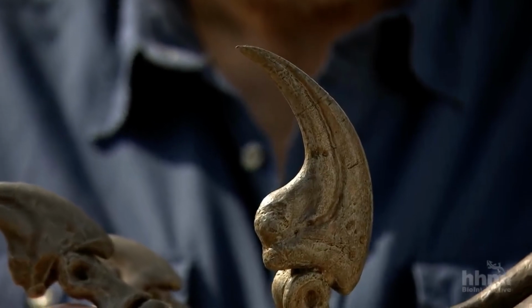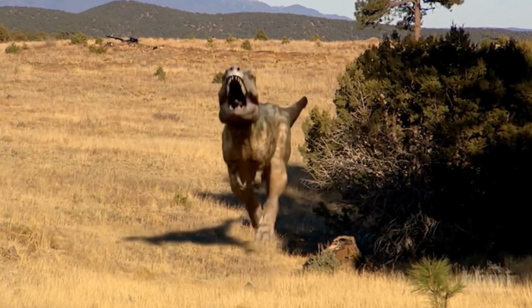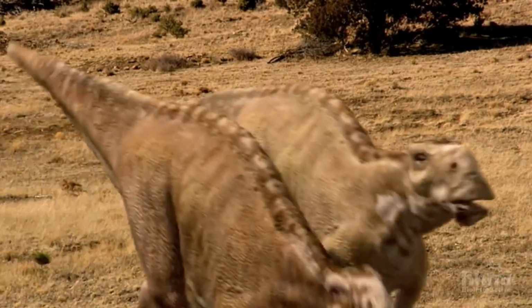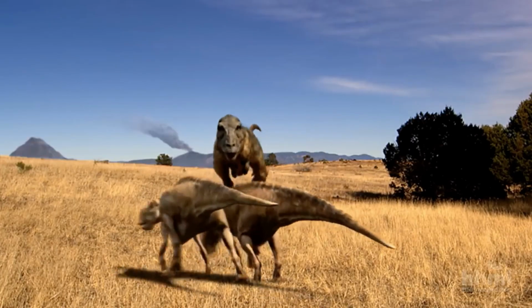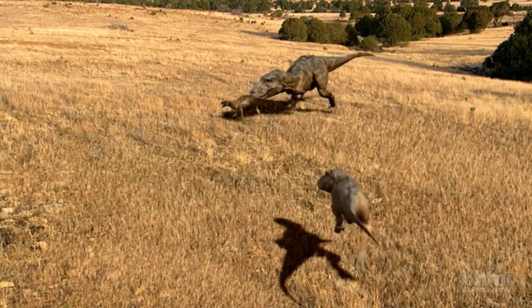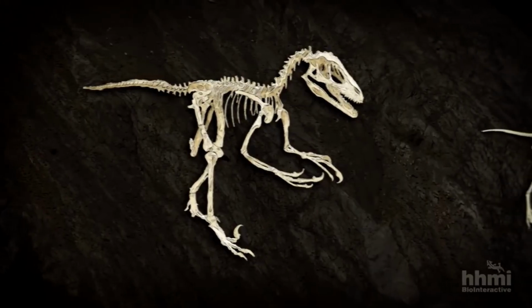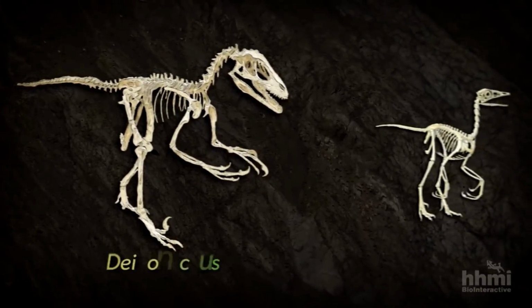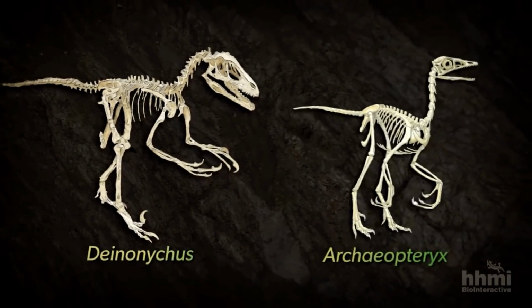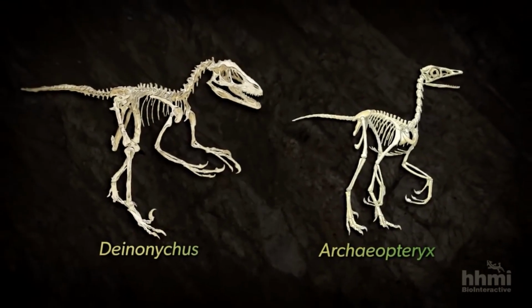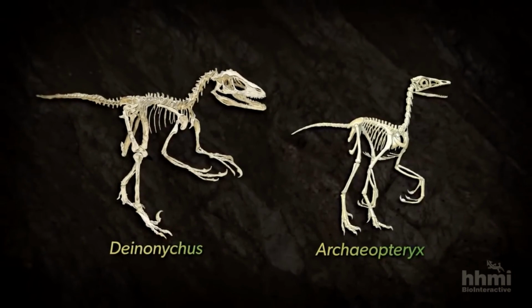Ostrom's discovery set off a revolution. What if dinosaurs weren't slow, but warm-blooded and fast-moving, like birds? When Ostrom compared Deinonychus to Archaeopteryx, he saw that they both had lightly built, hollow bones.